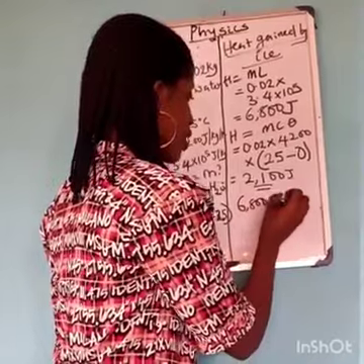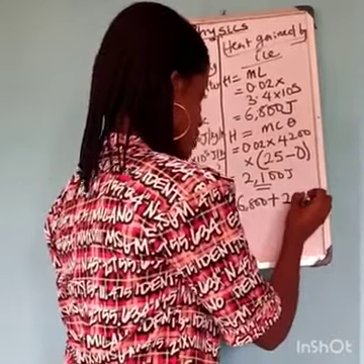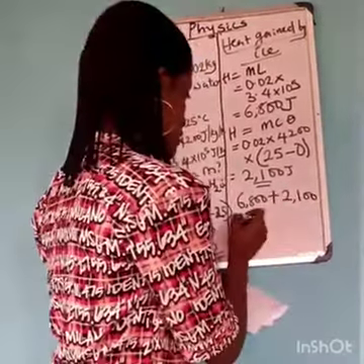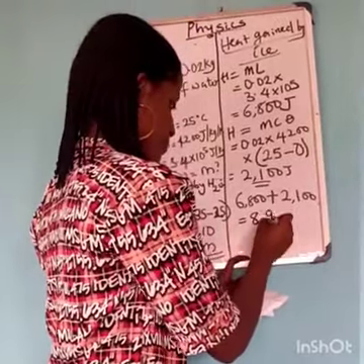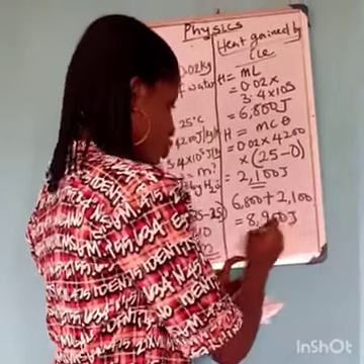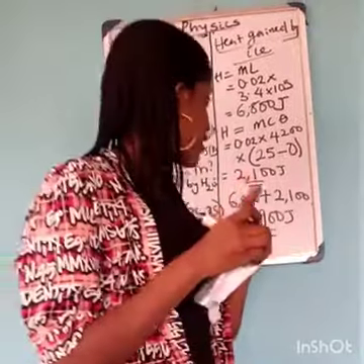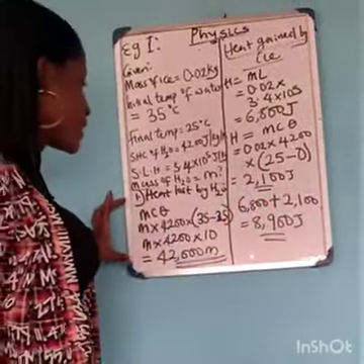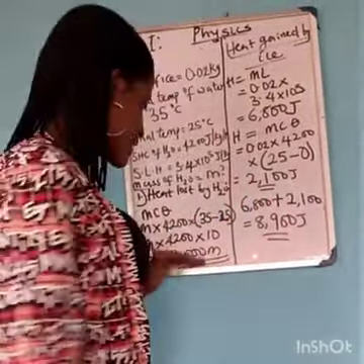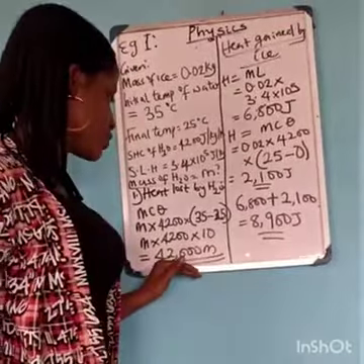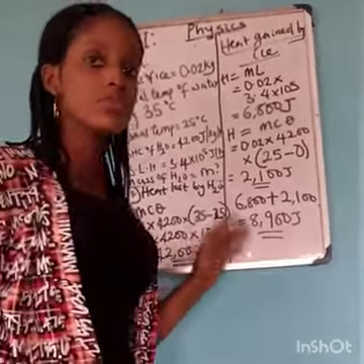So to get the total amount of heat gained by ice, it will now be 6,800 plus 2,100, which gives us 8,900 joules. Then friends, the total amount of heat lost by water is 42,000 m joules.